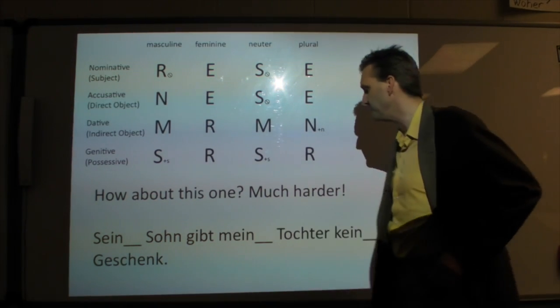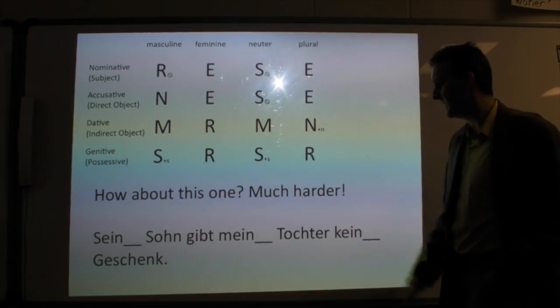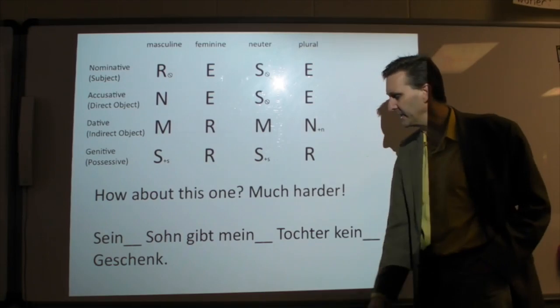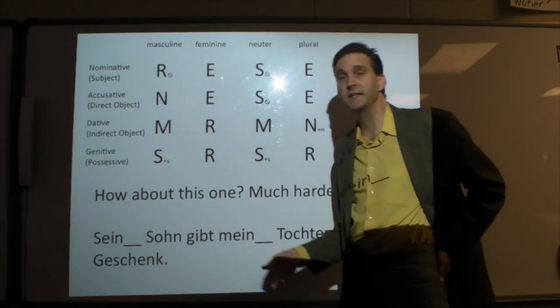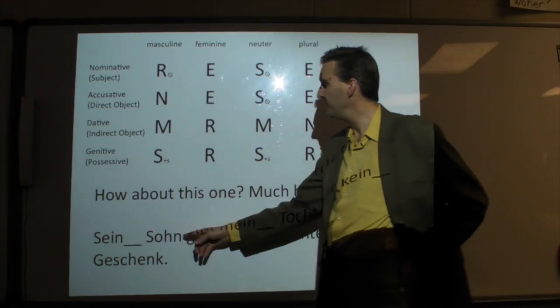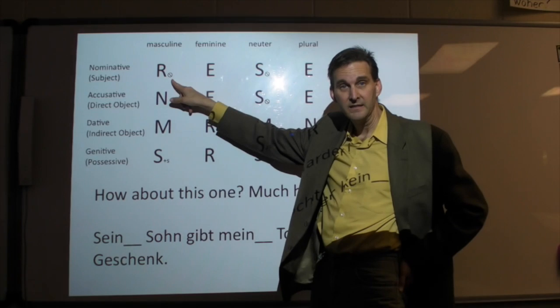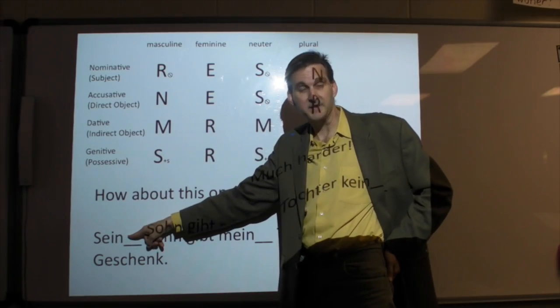How about this one? His son gives my daughter, doesn't give my daughter a gift, okay? Or gives my daughter no gift. I know we don't speak English that way, but that helps. So, obviously his son is the subject, and we know that son is masculine. Question is, it's got an orphaning sign here, so does sein orphan its endings?